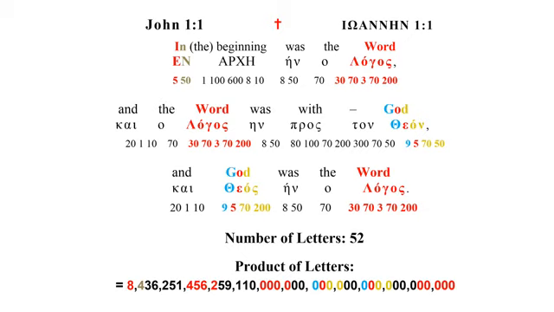That each of these verses begins "in the beginning." The number of letters in John 1:1 is 52. If you take the product of the letters, you get 8 bazillion, trillion, million. I don't know, it's this massive number. That's the product of all 52 letters in John 1:1.